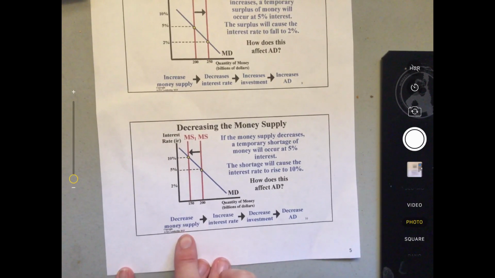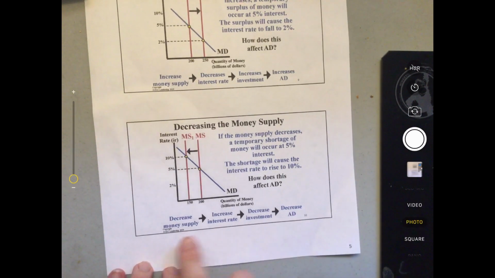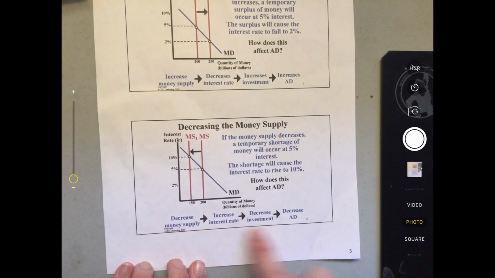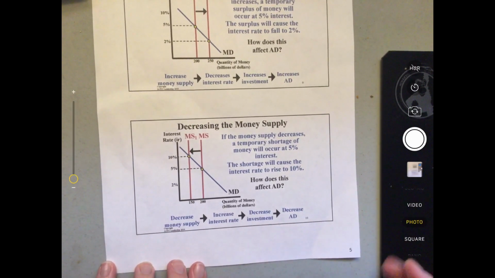So when the Fed decreases money supply, that causes an increase in the interest rate, which causes a decrease in investment and therefore a decrease in aggregate demand. Again, it's very important that you know this order of events, but we'll be working on it more.